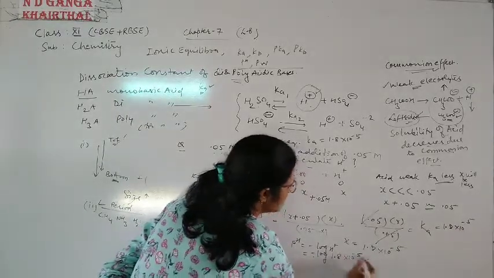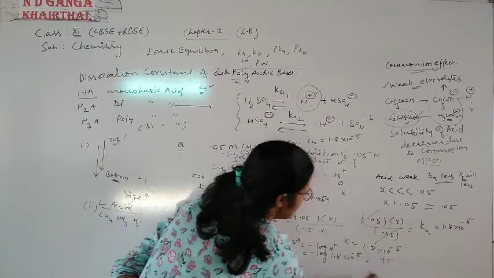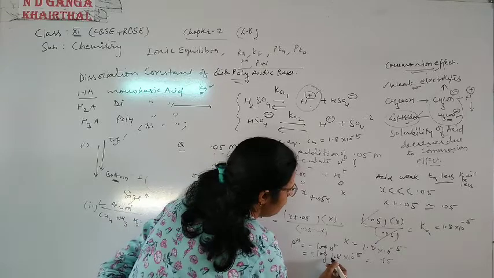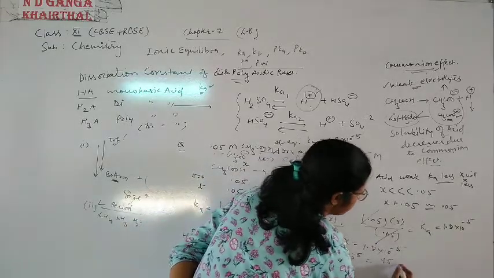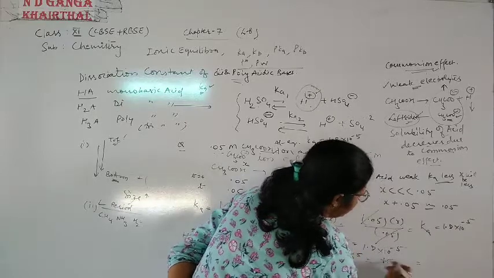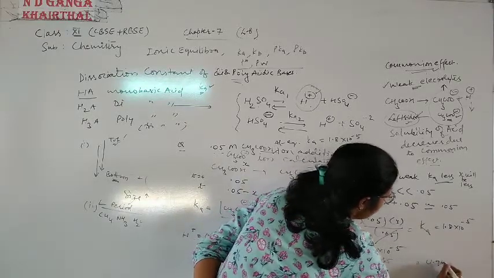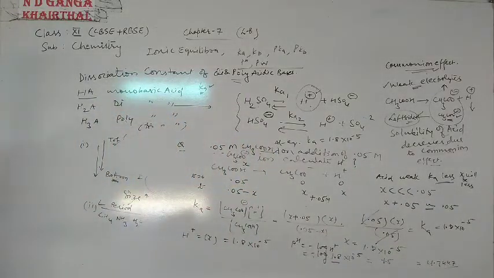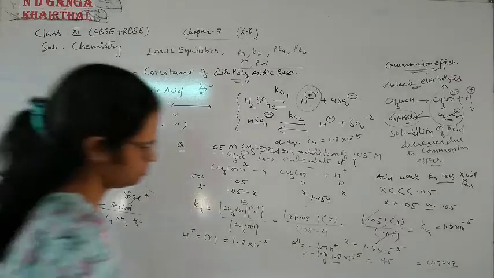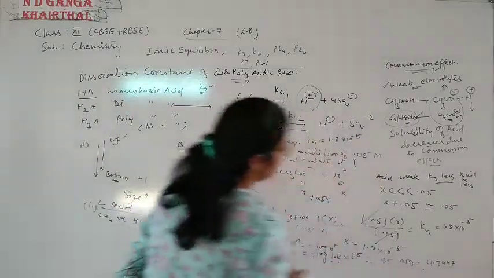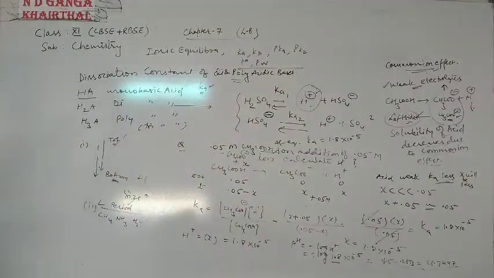Solve this, minus minus plus, so it will be plus, and when we see the log of 1.8 and solve this, it will be 5 minus 0.2553, which is 4.754. Clear? Okay? So you solve these questions. Thank you.